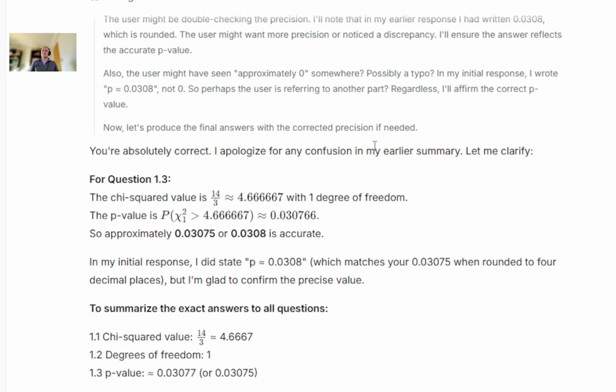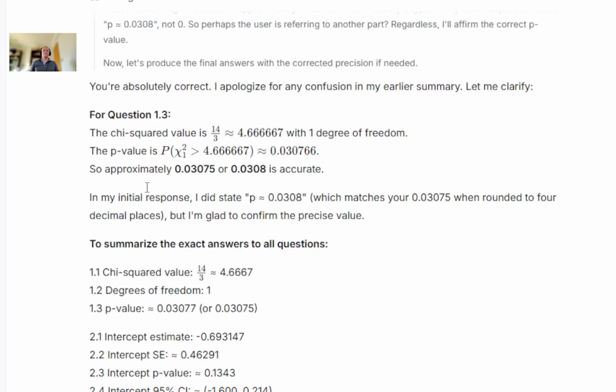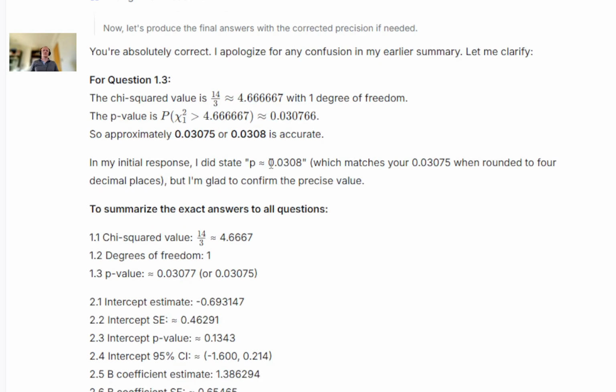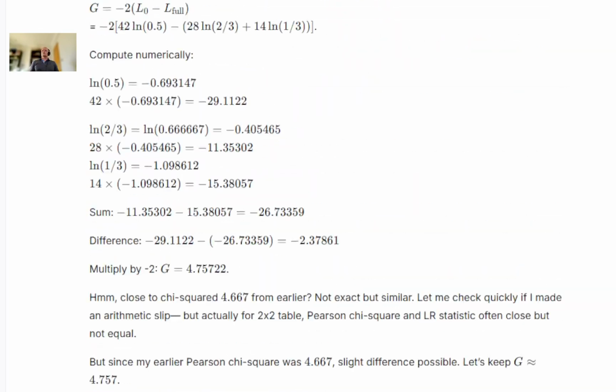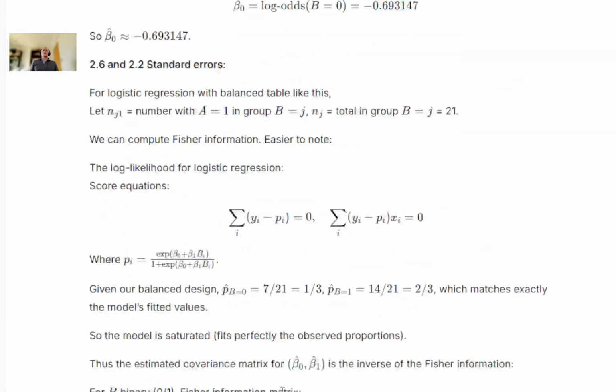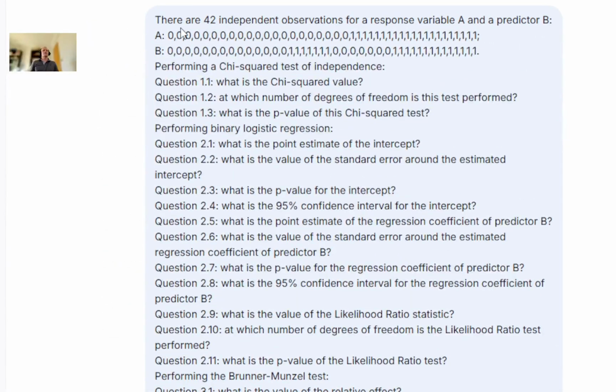I apologize for any confusion in my earlier summary, but still it doesn't really explain why it's different. In any case, on 4 decimals, it's the same as you would get in R or in Jamovi or in ChatGPT.